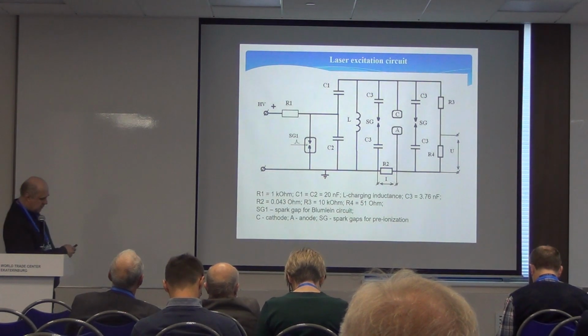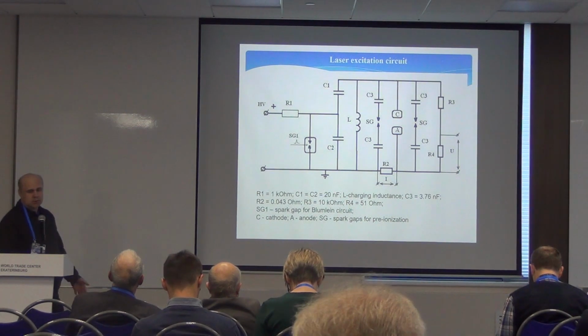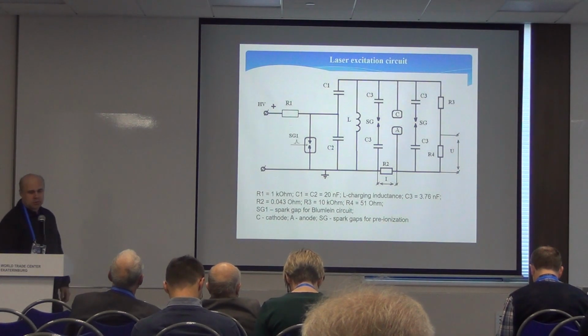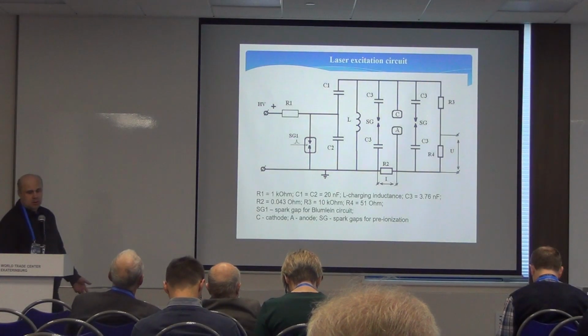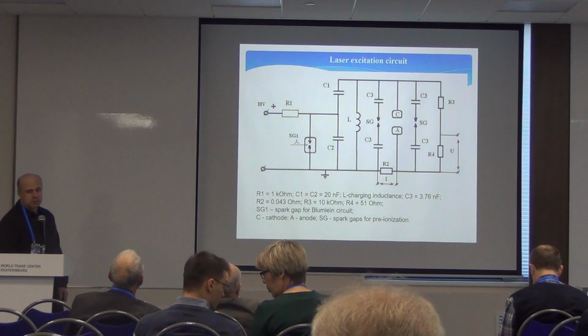Here is a circuit of excitation of the laser. Because we have to operate with a mixture without helium, we have to apply short pulses, pulses with a short current, to the discharge gap.